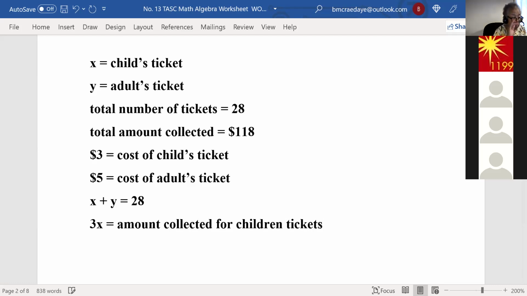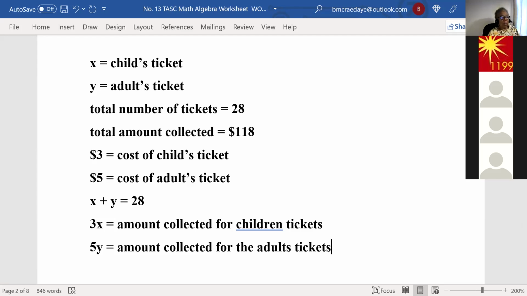And then 5Y. That's right, because Y is the adult ticket and the adult tickets cost $5. So 5Y would be equal to the amount collected for the adults tickets.